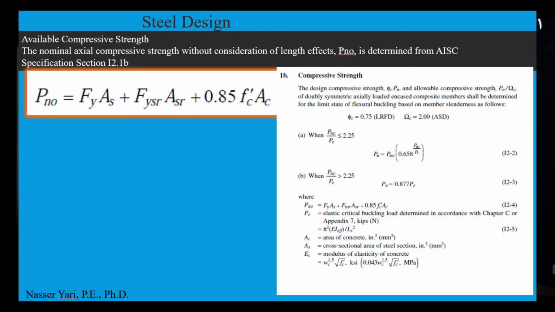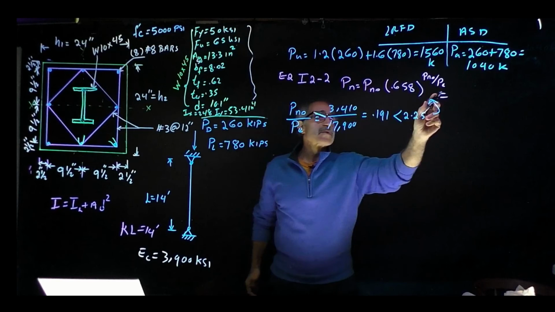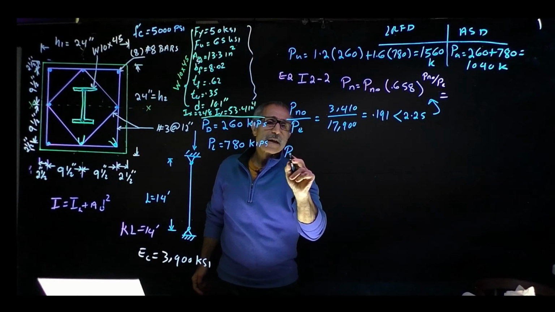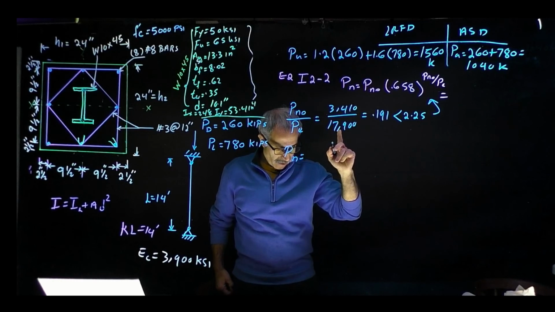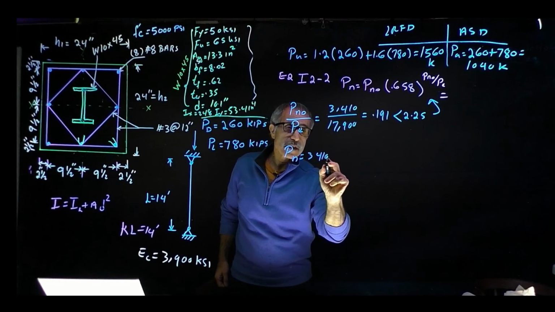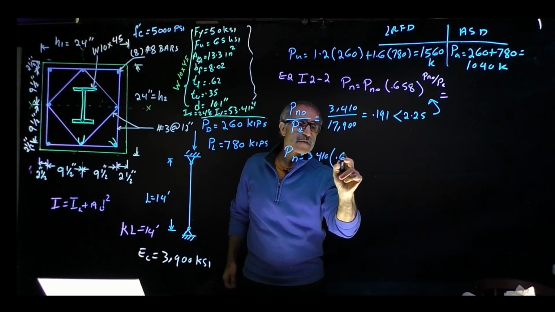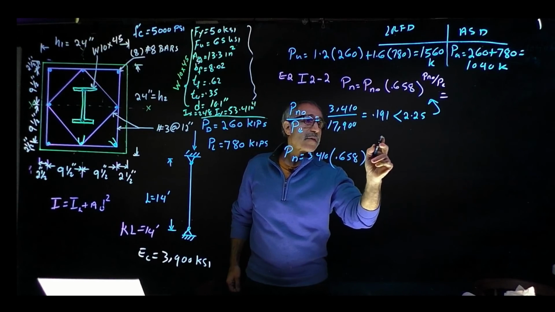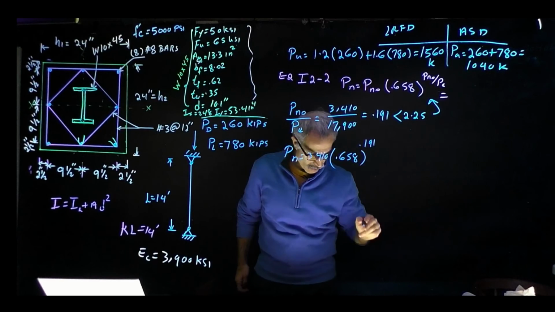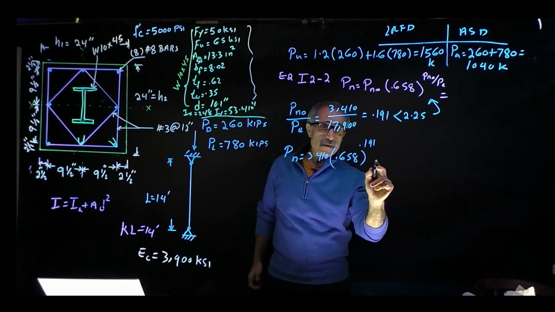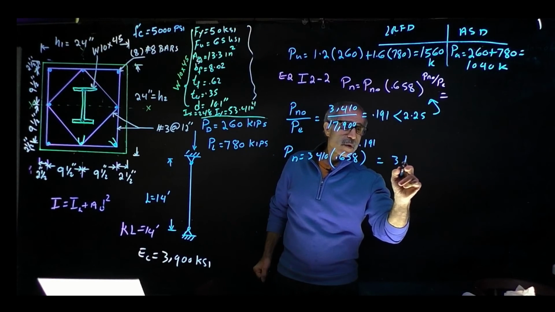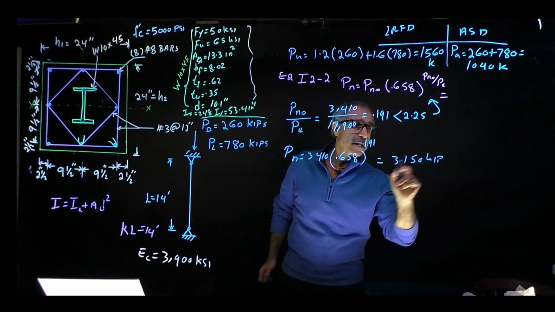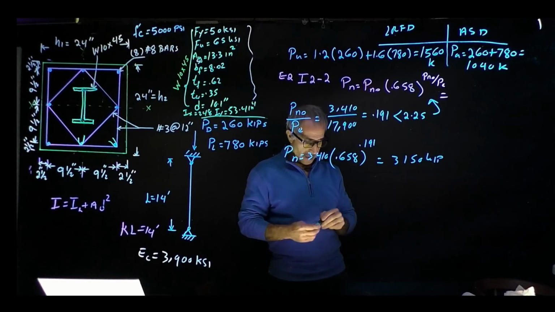So now we can use this equation, and therefore Pn comes out to Pno, which came out to be 3,410 times 0.658 to the power of 0.191. And that gave us basically 3,150 kip.